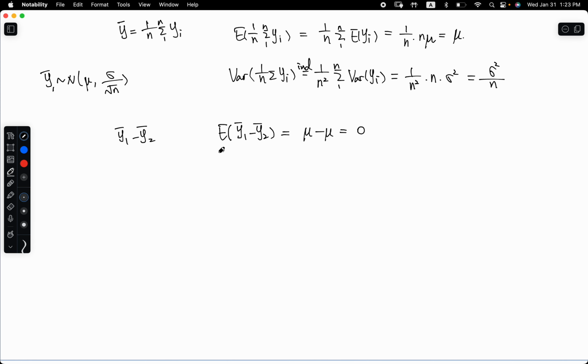Yeah, but this is not the case for the variance of y1 bar minus y2 bar. So we can elaborate on that in the following way. Summation yi. Maybe I will use a superscript here to denote this is from the first sample, and this is from the second group.